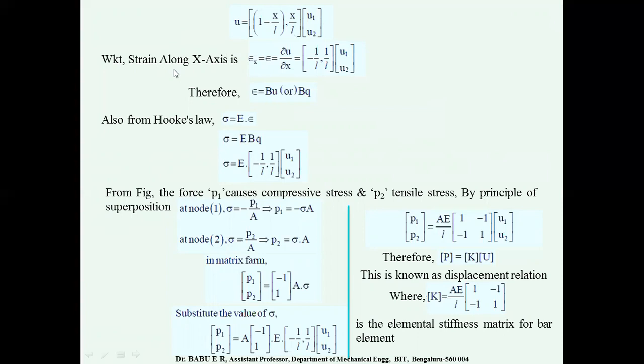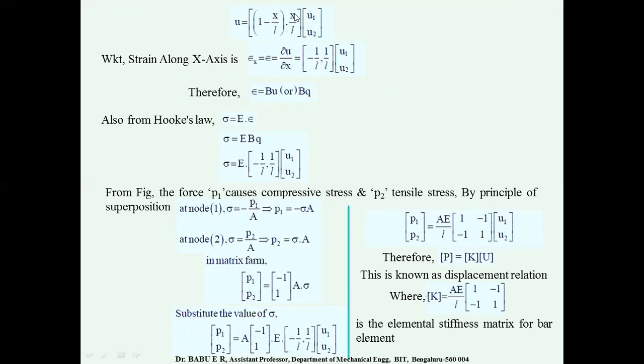Now we know that strain along x-axis, which is given as epsilon x, is nothing but dou u by dou x. Now you differentiate this with respect to x. So differentiation of 1 is 0 minus differentiation of x by L, it is minus 1 by L, comma.